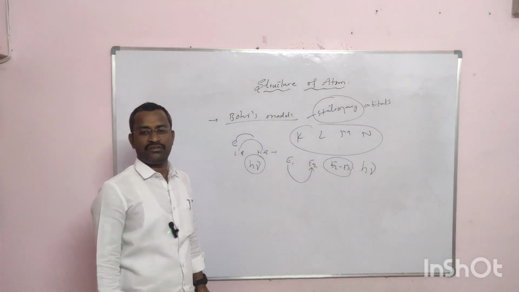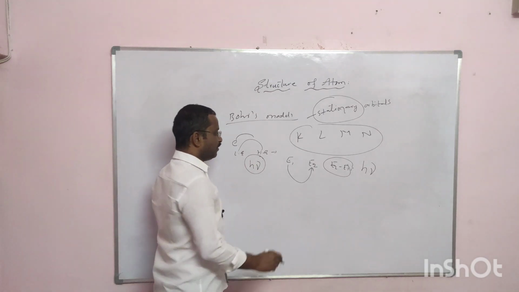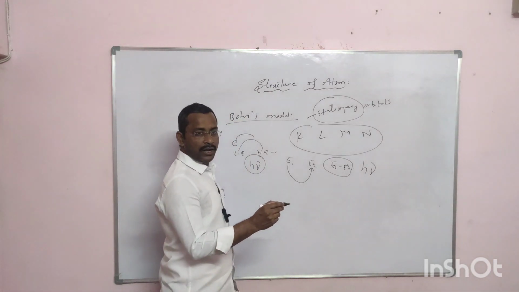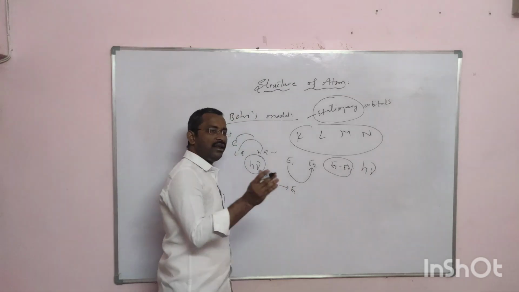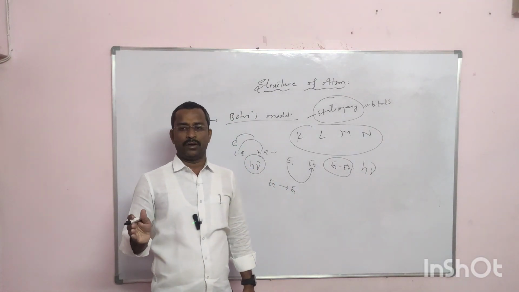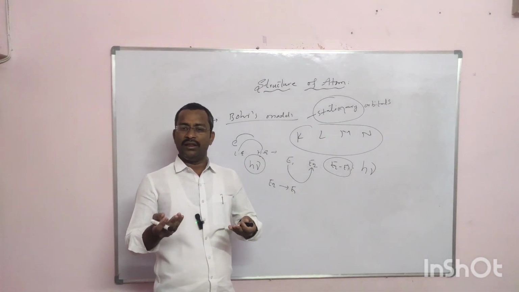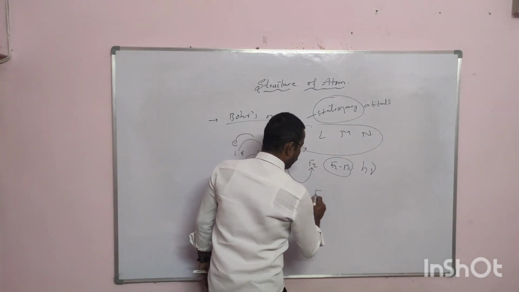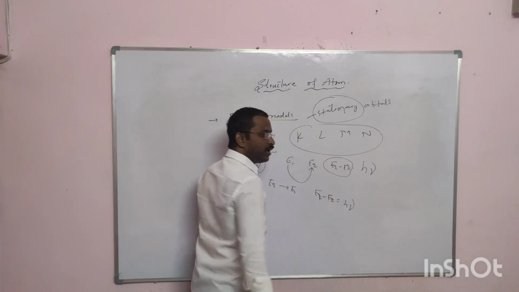H for Planck constant, nu for frequency. And this is absorption. But when the electron is jumping from E2 to E1, that is, higher energy orbital to lower energy orbital, then energy has to be radiated, released, and that is also h nu.